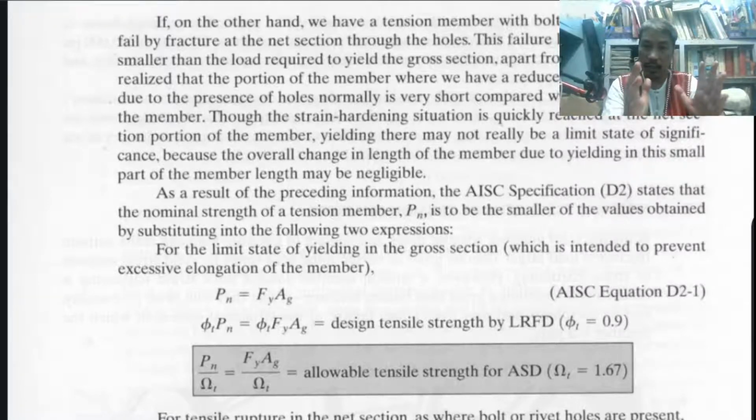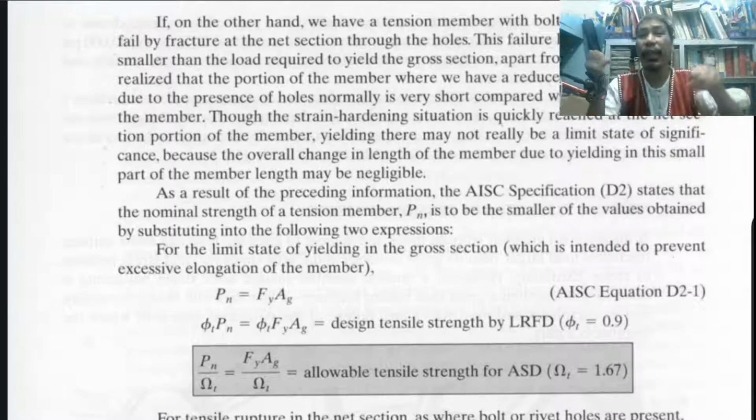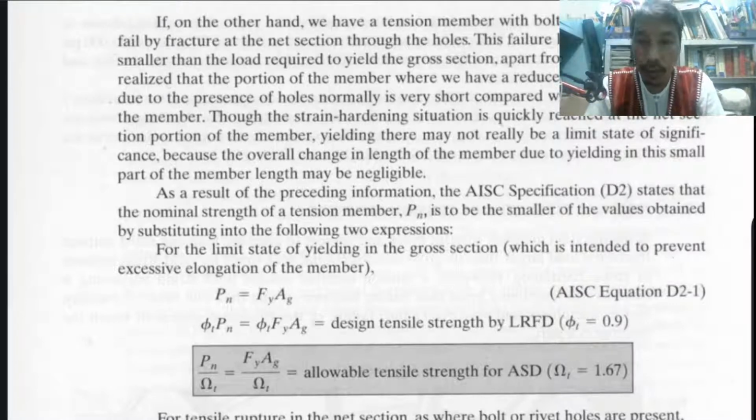So because of the holes, the nearby area within the holes, it's very short compared to the total length, and computing the yield, the elongation at that particular section is very small and negligible. Therefore, how can we proceed in incorporating that condition to the actual design? So we need to incorporate that so that the weakest portion of the material must be considered.